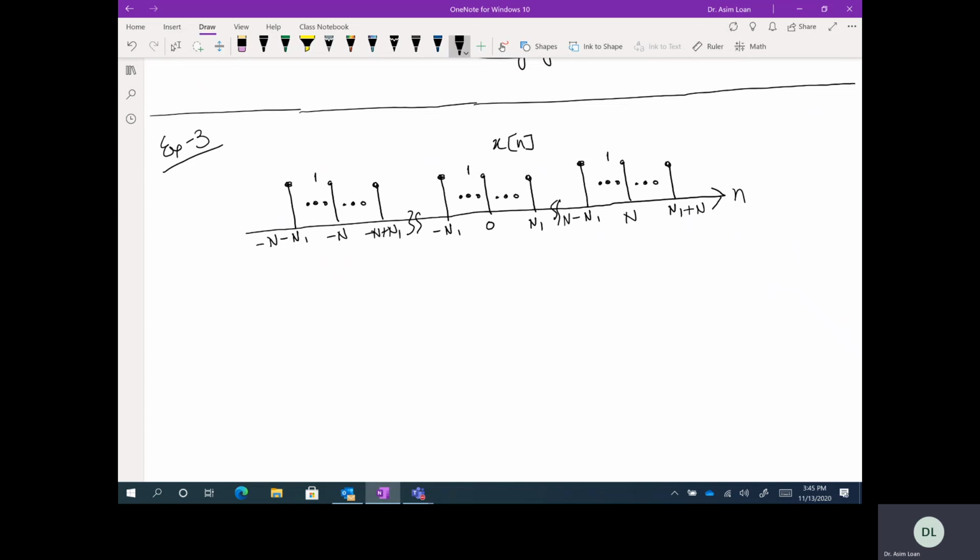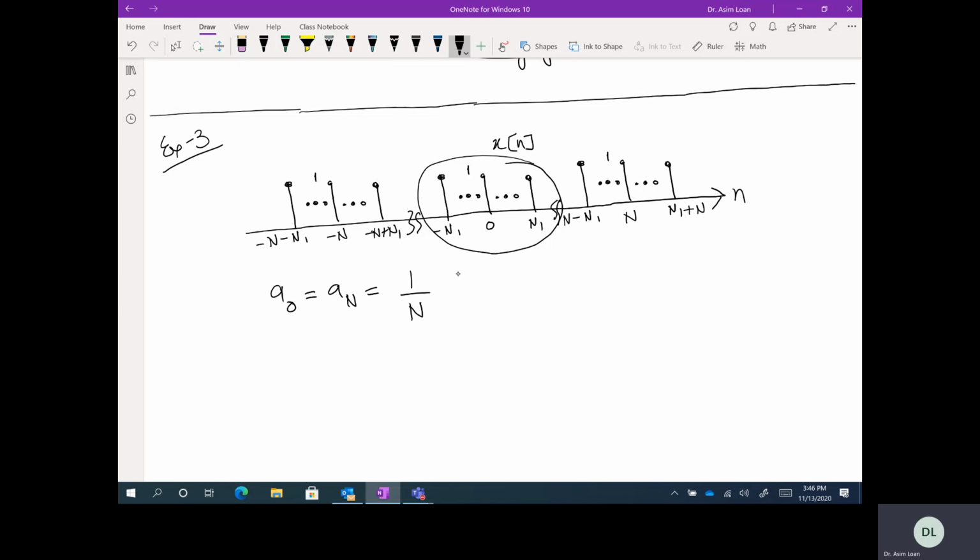So we are only interested in one period. So if we are only interested in one period, what is a_k? So a naught, an, and so on and so forth. This is simply equal to 1 over N, and I simply add these up.